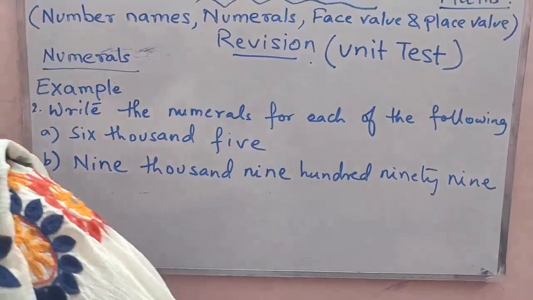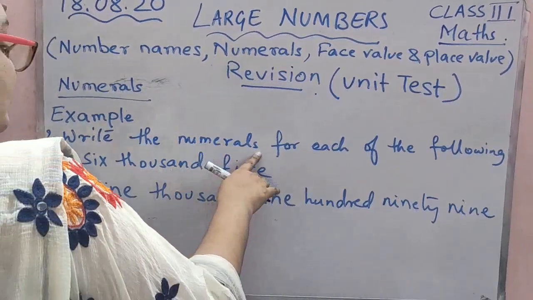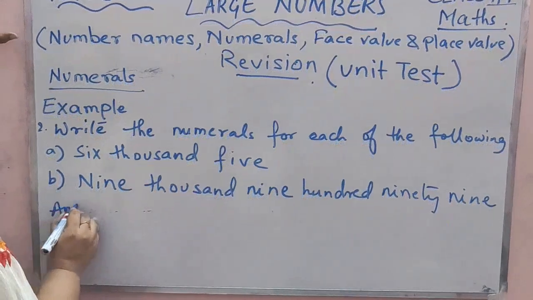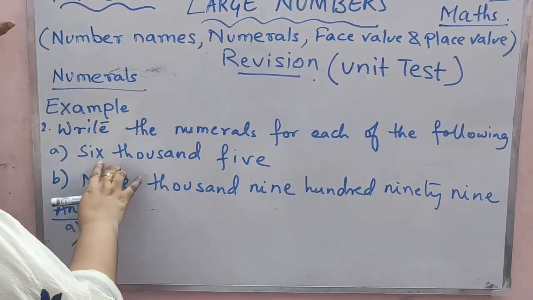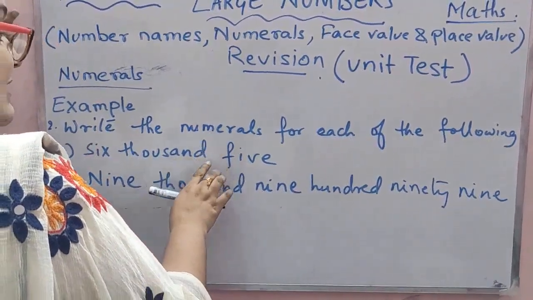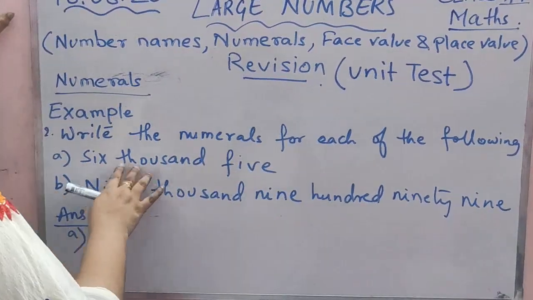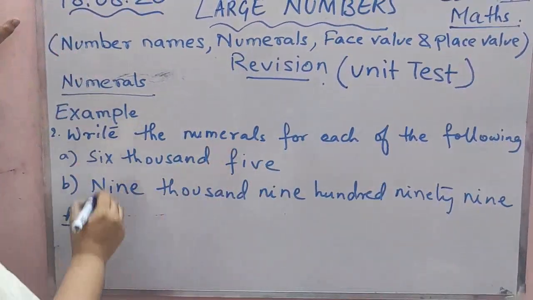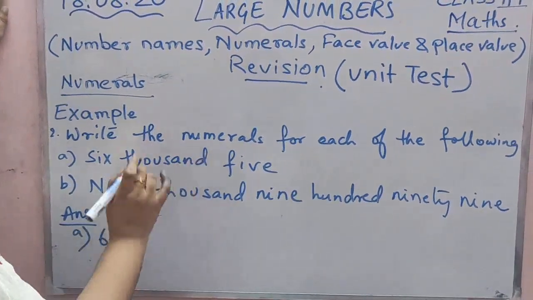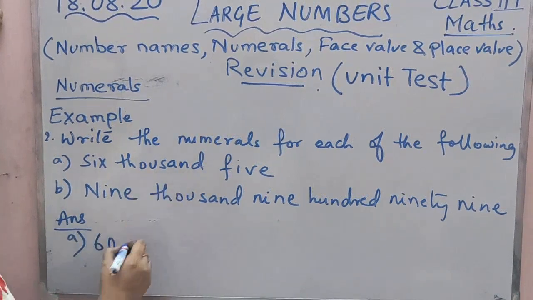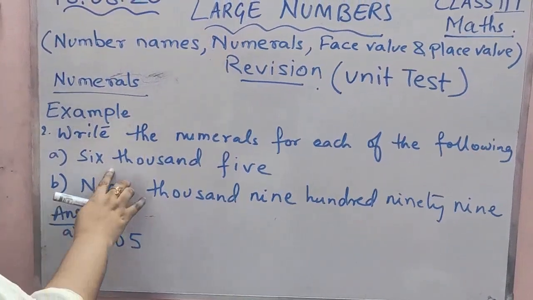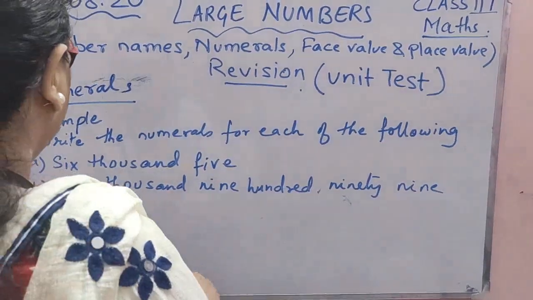So what you have to do in this, as you have to write the numeral. So you have to write in figure. Okay. So we see the answer for A first. So it's given here 6005. Can you see here hundreds place and tens place is not mentioned? Only the thousand place and the ones place is mentioned. So in the thousand place what we have? 6. Hundreds place is not there, 0. Tens place is also not there, 0. And the ones place is 5. So 6005, and move to the next one, that is your B.